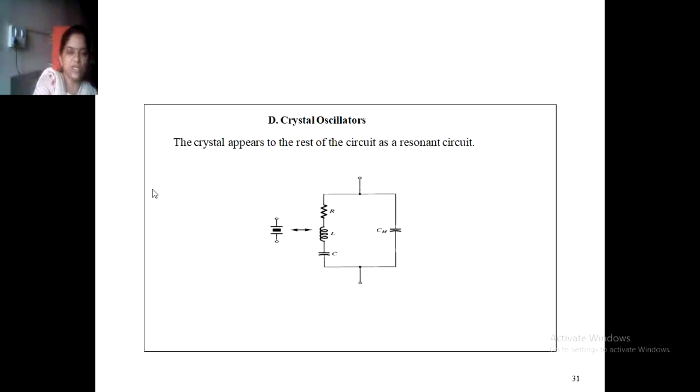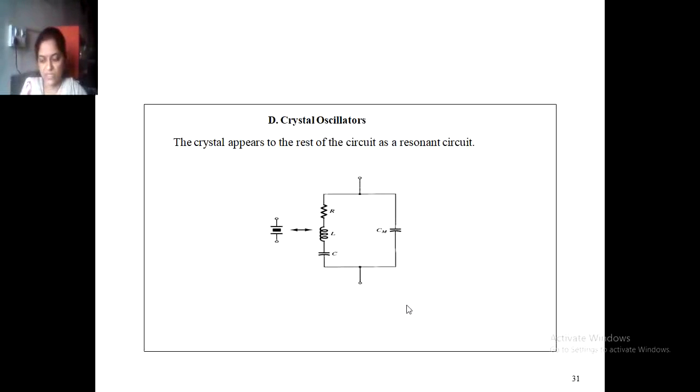The name itself indicates that it is the crystal oscillator. The crystal appears in the feedback circuitry of the oscillator. This figure shows one crystal, and it replaces the RLC resonance circuitry. So it is the same thing, only the device is changed.